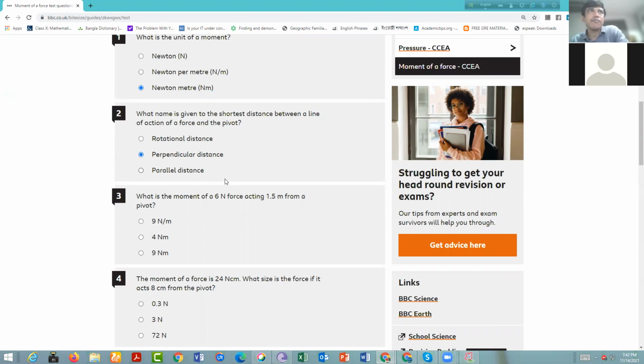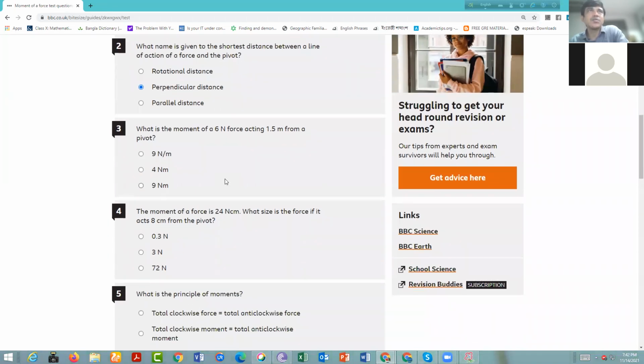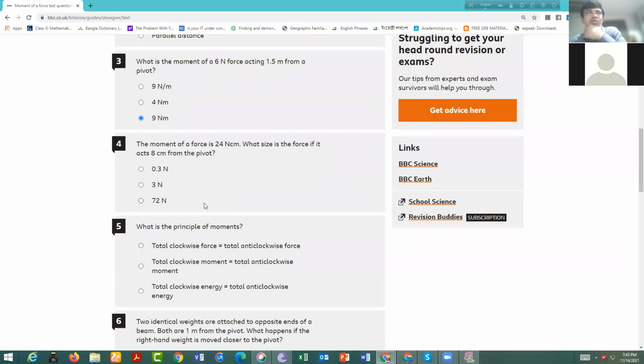Perpendicular. Okay. What is the moment of a 6 Newton force acting 1.5 meter from a pivot? 1.5 times 6. 9 Newton meter. The moment of a force is 24 Newton centimeter.